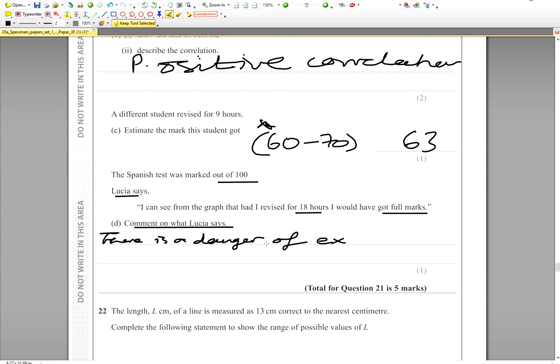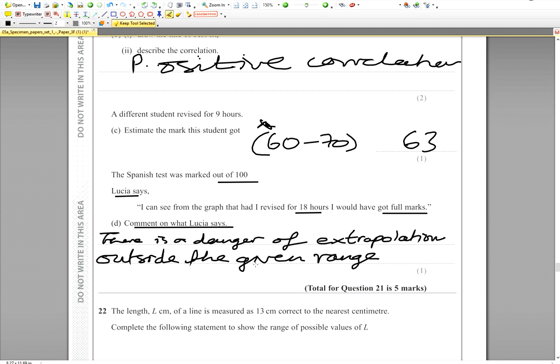Extrapolation means to carry on the line.